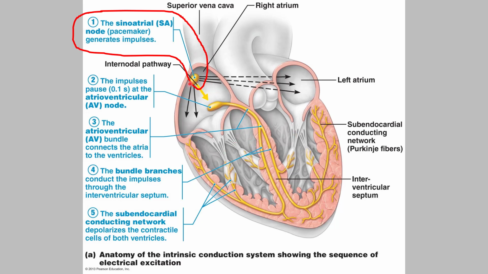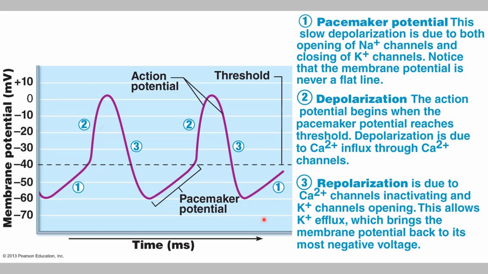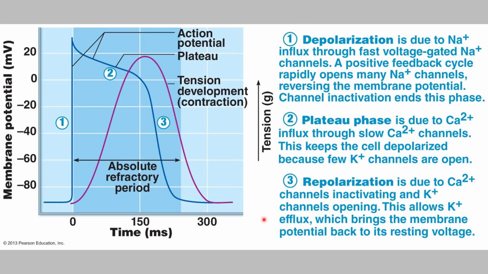So the action potentials in these non-contractile cells are passed through to the contractile cardiomyocytes. When they are passed to the contractile cardiomyocytes, this is what it looks like. This is the action potential in a contractile cardiomyocyte, the blue line.